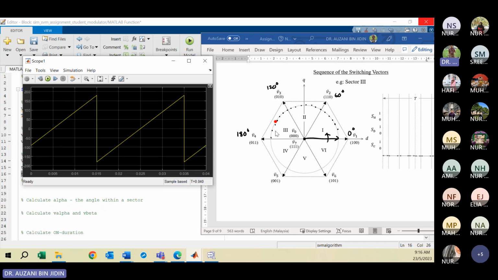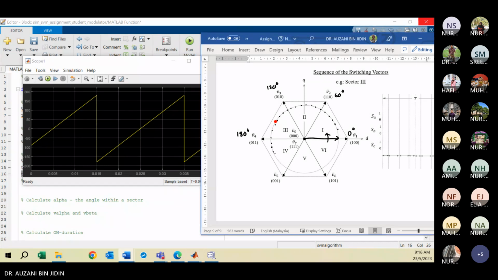Since your reference continues running, positive 180 suddenly changes to minus 180. That's why in the waveform it suddenly changes from positive 180 to minus 180. When the trajectory moves from sector 3 and just enters the new sector 4, your angle suddenly changes from positive to negative.